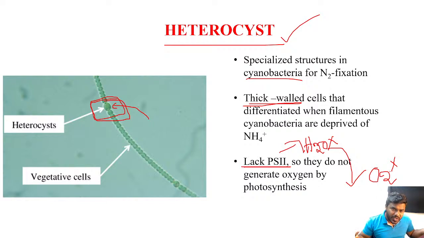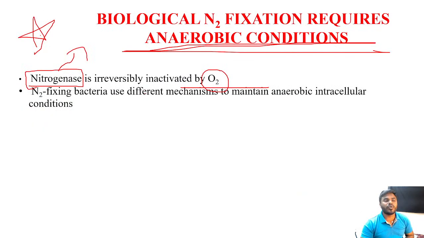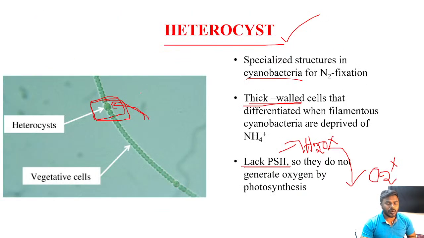Simple concept. That is our ultimate goal. So even though oxygen is released, do you think oxygen can cross it? No, because the heterocyst is a very thick walled structure and never allows the diffusion of oxygen. Don't forget the statement at all. So this is one of the mechanisms, which we call the heterocyst.